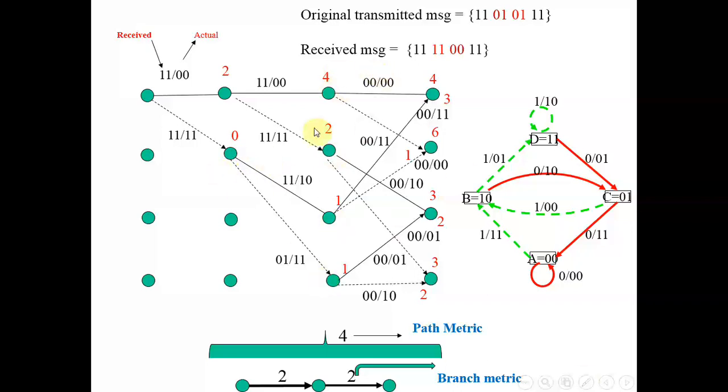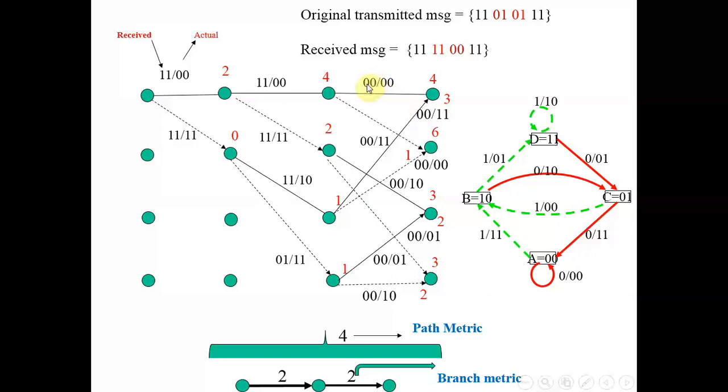Now we have come to this point. Now at this point all the 4 states are active. So now with this setup, I receive the next pair of bits, which is 0 0. Now let's evaluate one node at a time. So imagine now you have taken the earlier decision, now you are here. When you are here, you receive the next pair of bits, which is 0 0.